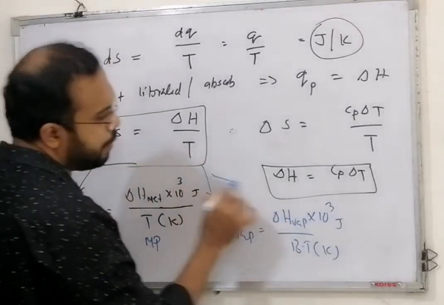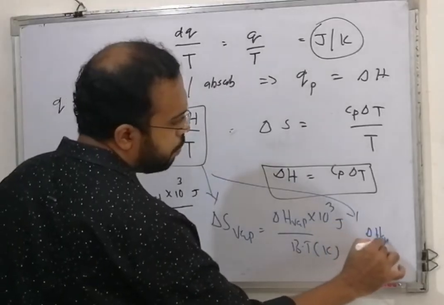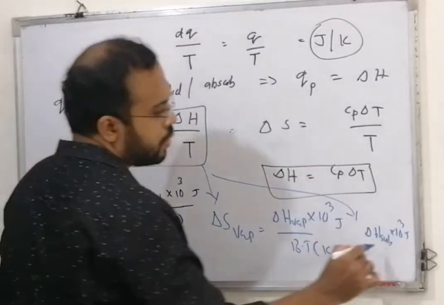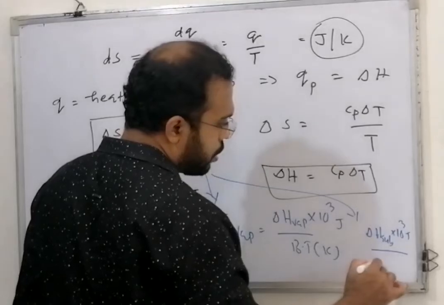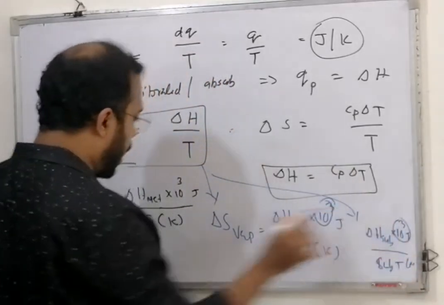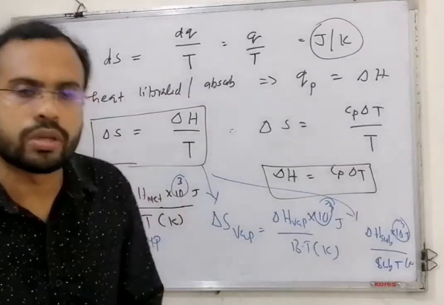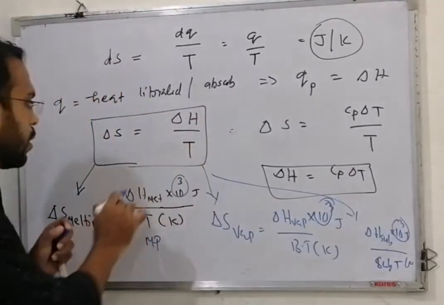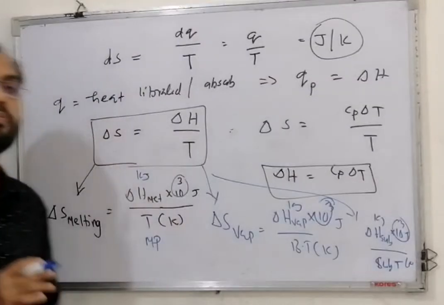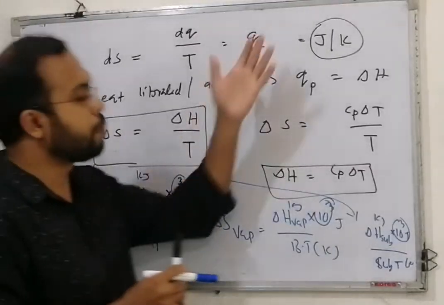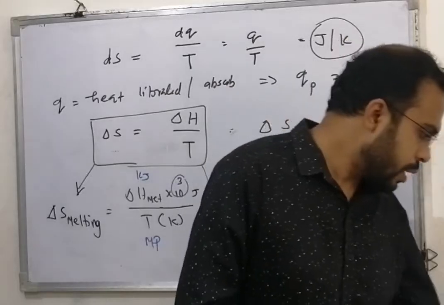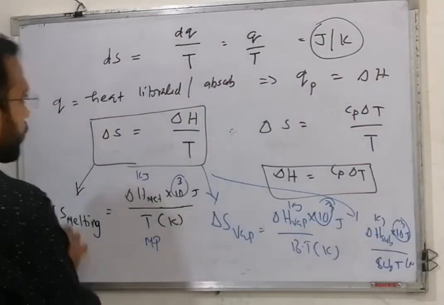Now delta S sublimation is delta H sublimation into 10 raised to 3 joule, by the sublimation temperature in Kelvin, if it is given in kilojoule. Remember, if it is given in kilojoule, make it joule. That's very important, because the unit of entropy is always fixed: joule per Kelvin.